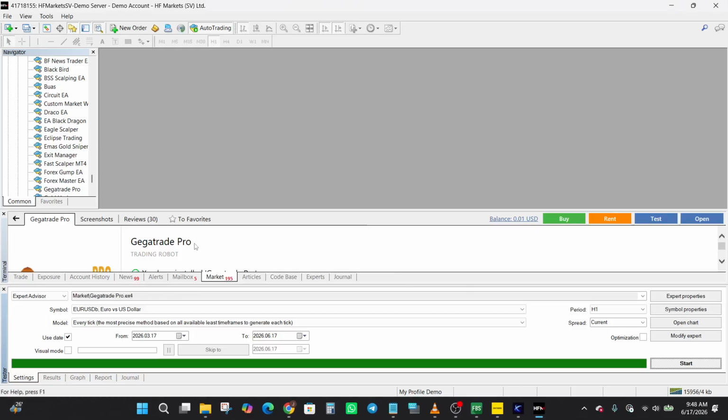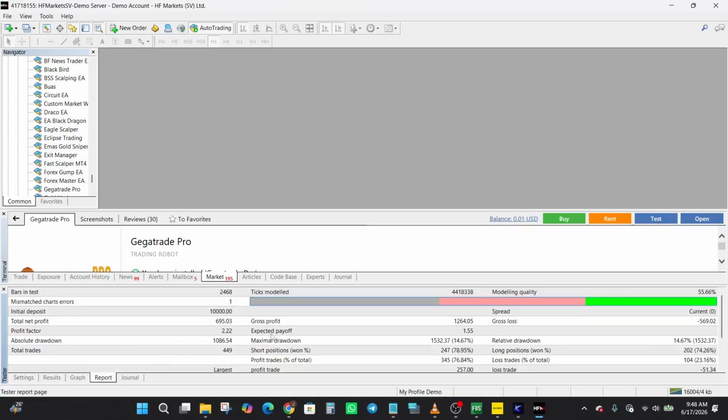Let's see how the Gegatrade Pro EA performed on EURUSD on the H1 time frame over the past 3 months, from March 17th, 2026 to June 17th, 2026, using the every tick modeling. Looking at the report, you can see that from an initial deposit of $10,000, the total net profit was $695.03.